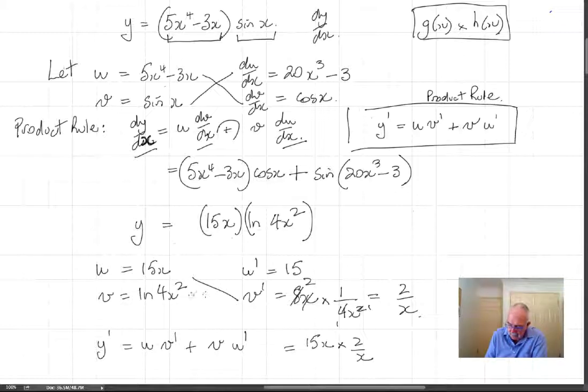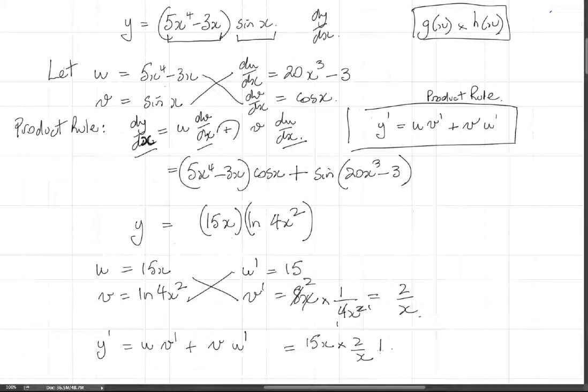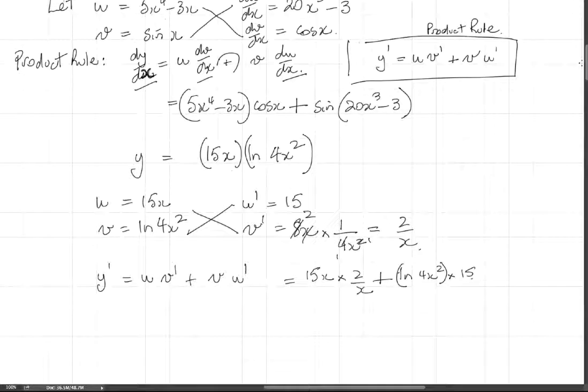So I've multiplied along that arm, always plus in the middle, v, ln 4x squared, times u dash, 15. Now be very careful here too. It's all of that times 15, so sometimes it's good to put those brackets in.